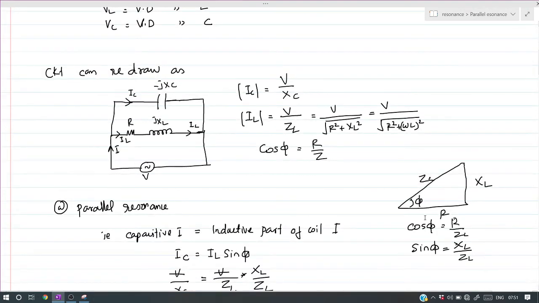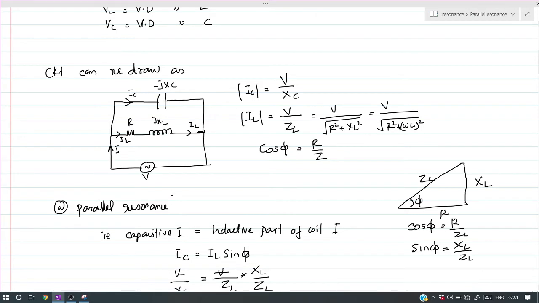From this impedance triangle, we can see that cos phi is adjacent side by hypotenuse, so R divided by ZL. Similarly, sin phi is opposite side divided by ZL, that is XL divided by ZL. So power factor cos phi is equal to R by Z.